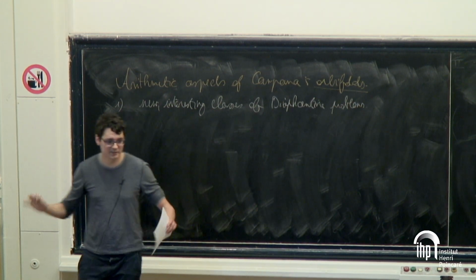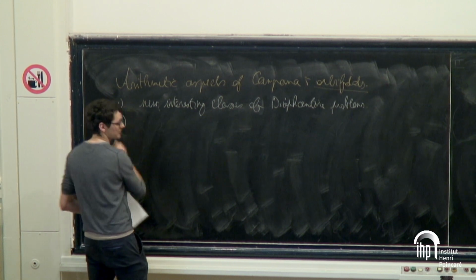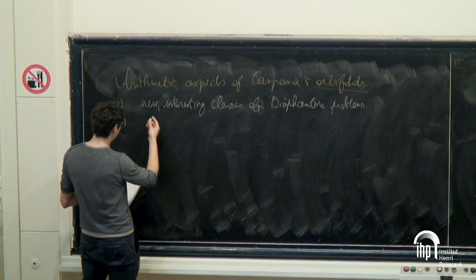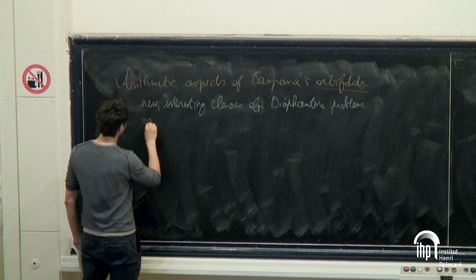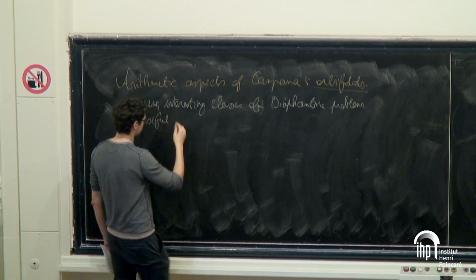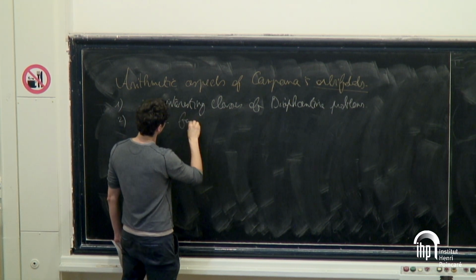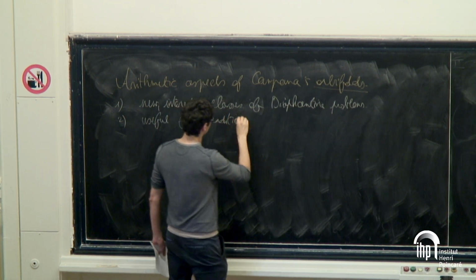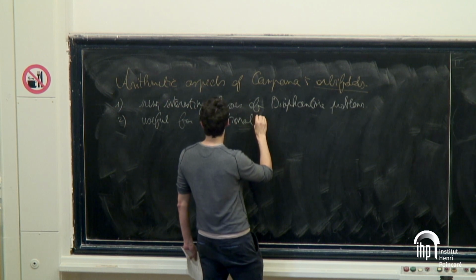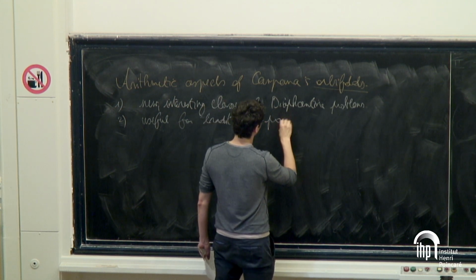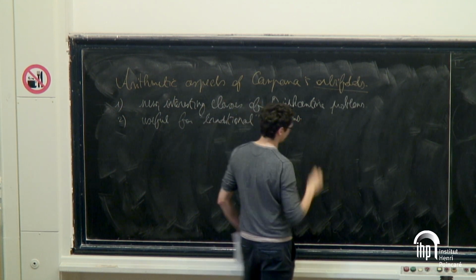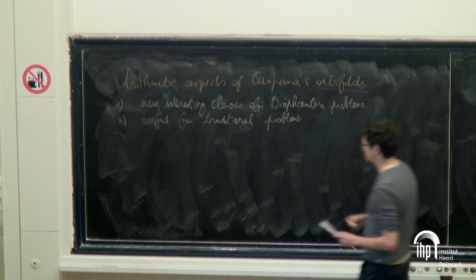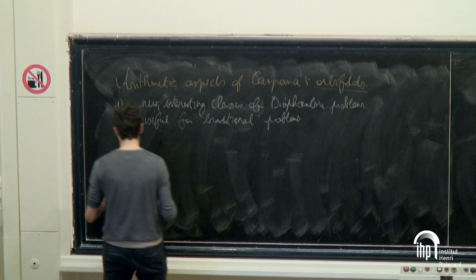But even if you don't think they're appealing, I mean, you have the right to disagree, then you should still care, because they're also very useful for the study of traditional Diophantine problems having to do with rational and integral points. So they pop up in the traditional picture of rational and integral points as well.